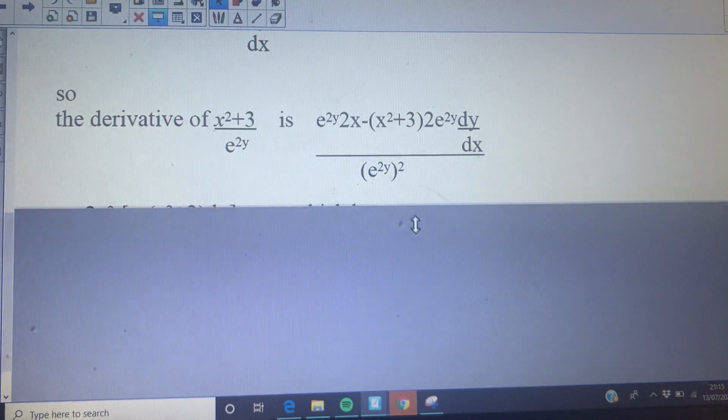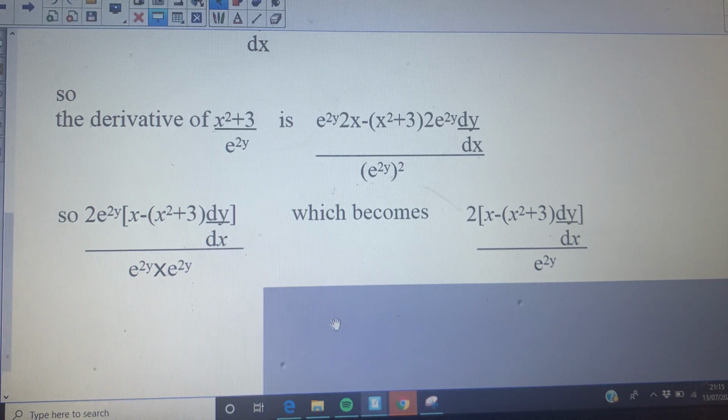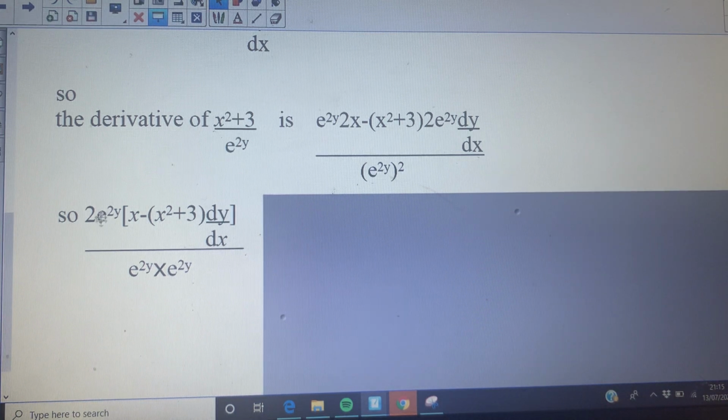So in the numerator, I'm going to take out a factor of 2e to the 2y. That's going to leave me an x, and an x squared plus 3 times dy dx.